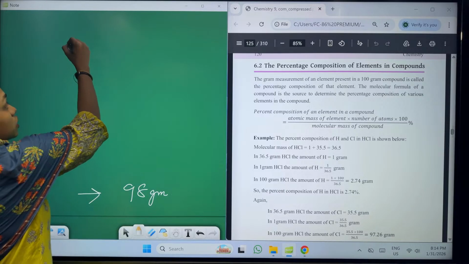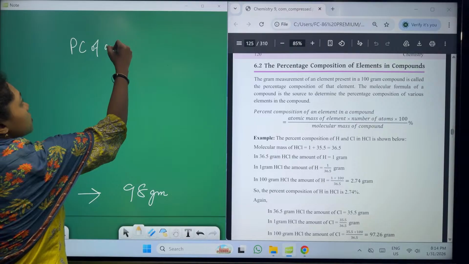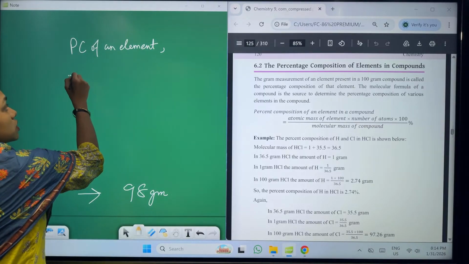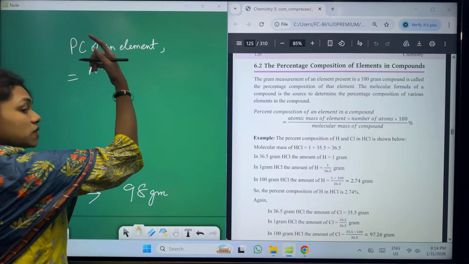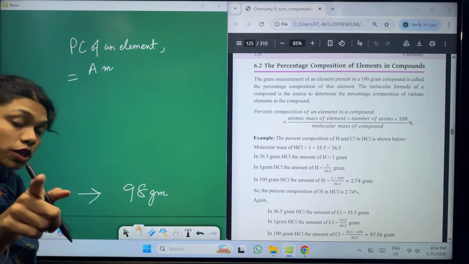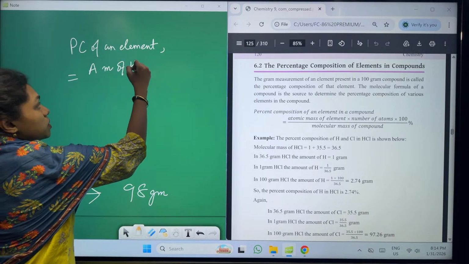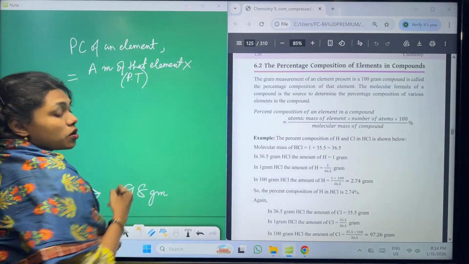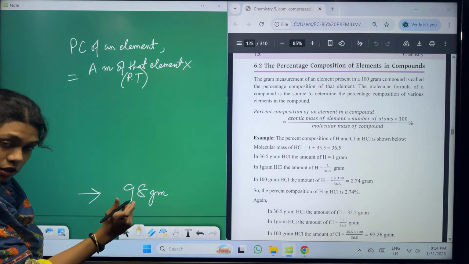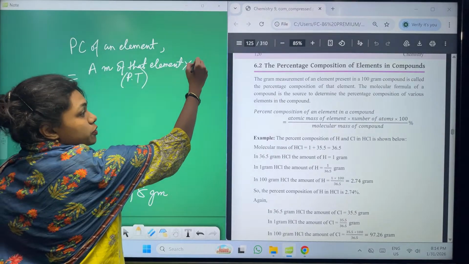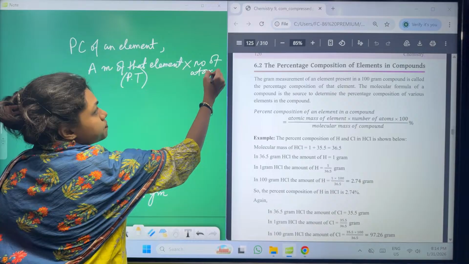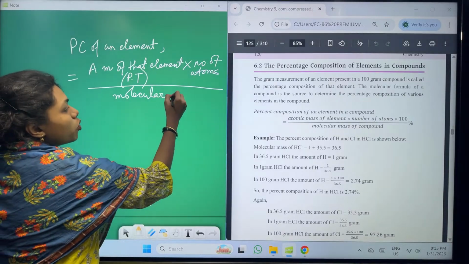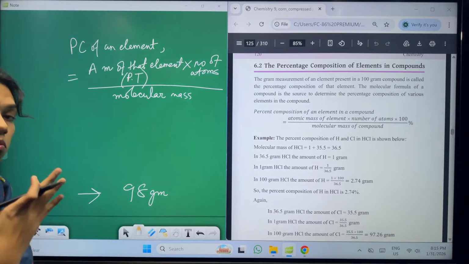Okay. So percentage composition of an element in a compound is equal to the atomic mass of that element, which we derive from the periodic table, into the number of atoms that you will find at the subscript, divided by the molecular mass, or the mass of 1 mole of that molecule that we have just calculated.